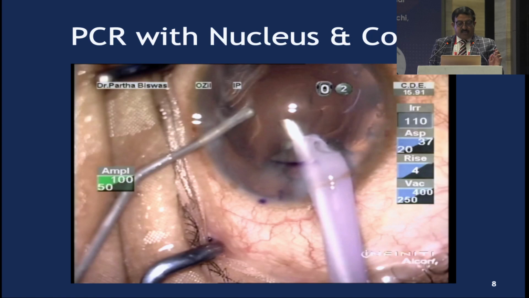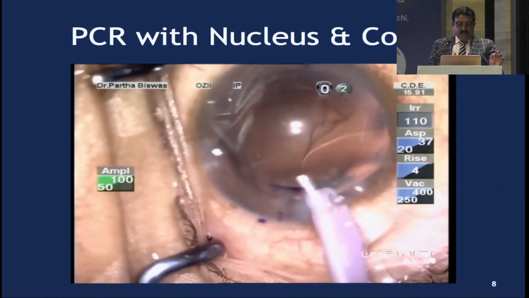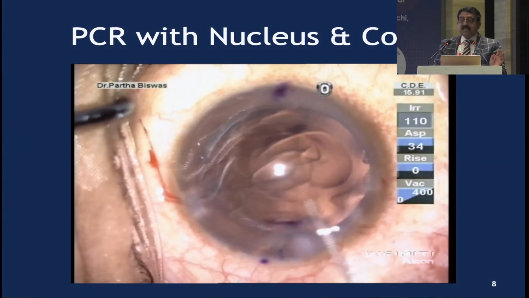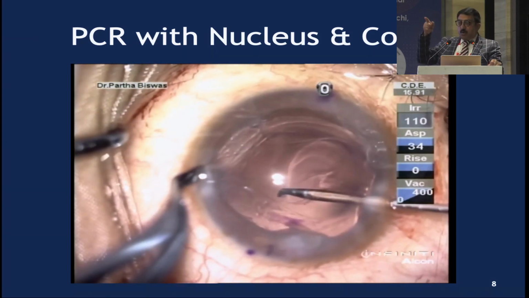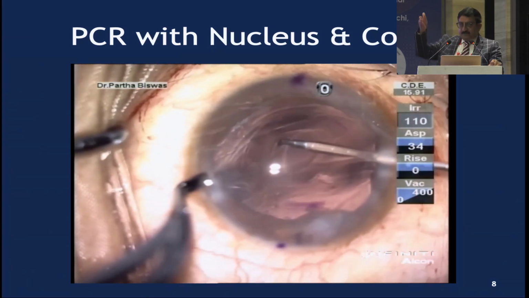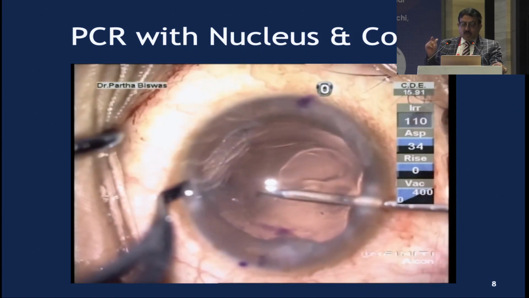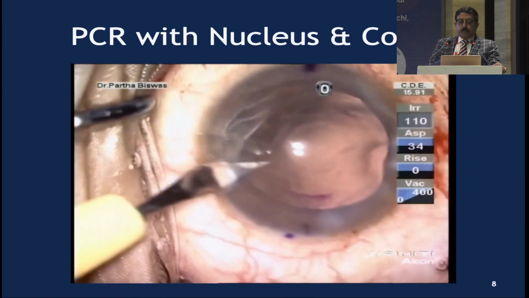Okay, so this is another patient with a PCR, and this is a toric lens. Again, with a toric lens, if the rupture has occurred in the toricity, then it is a very difficult proposition. But if it has not, then it is easier. In this case, I was to put a toric lens.